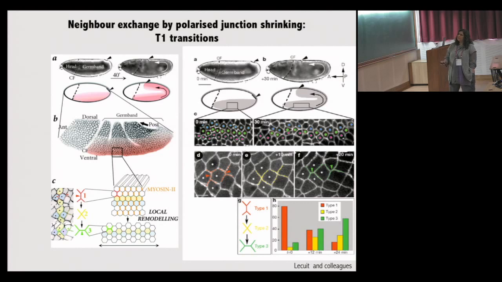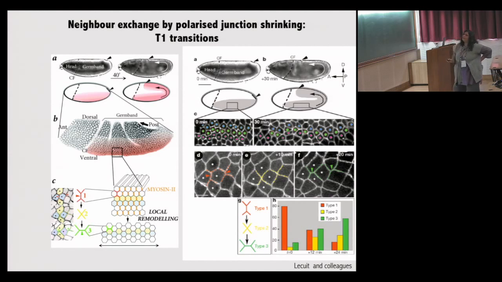What you will see is that as this movement proceeds, you go from having an abundance of type 1 interface morphologies to an abundance of type 3 morphologies through an intermediate stage.